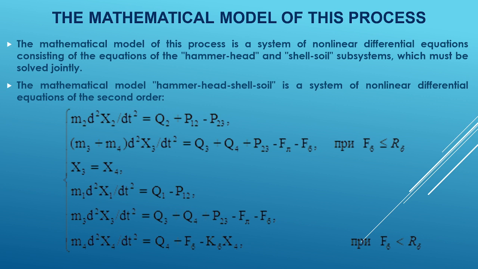The mathematical model of this process is a system of nonlinear differential equations consisting of the equations of the hammer and shell-soil subsystems, which must be solved jointly. The mathematical model of the hammer-shell-soil system is a system of nonlinear differential equations of the second order.